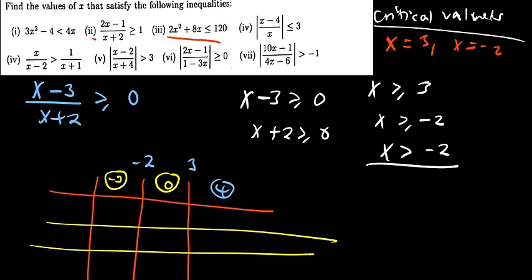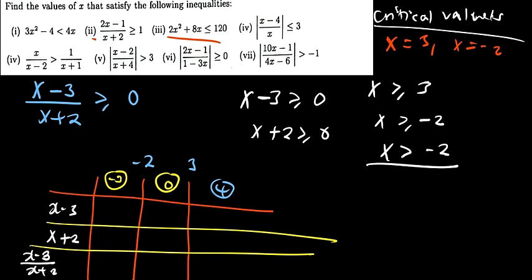So here you just get x minus 3, here x plus 2, and then here you rewrite it the way it is: x minus 3 divided by x plus 2. Like that. Now you start.